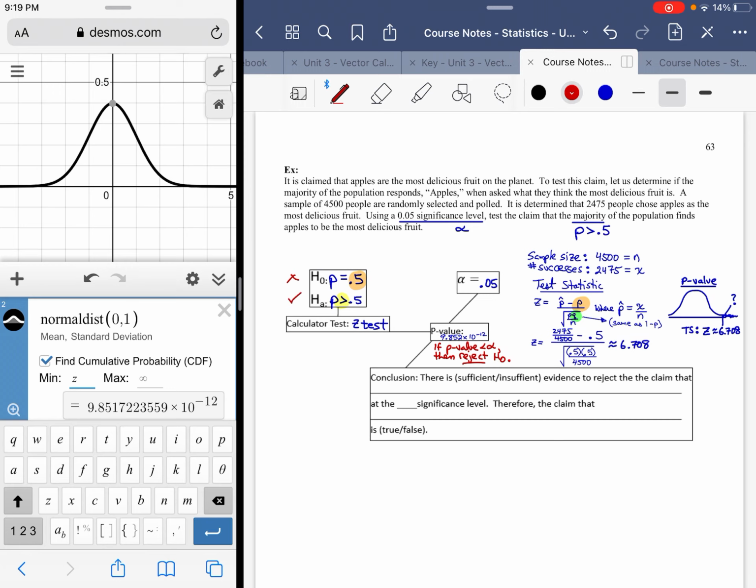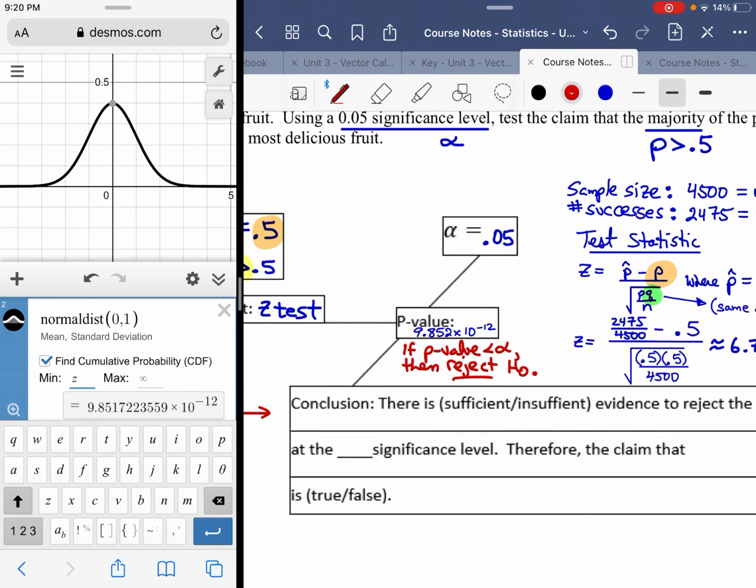The first sentence is always going to address the null hypothesis, regardless of what the question's asking you. So when it says there is blank, insufficient or sufficient evidence to reject the claim that, we would state the null hypothesis in words here. P equals 0.5. Well, what does that mean?